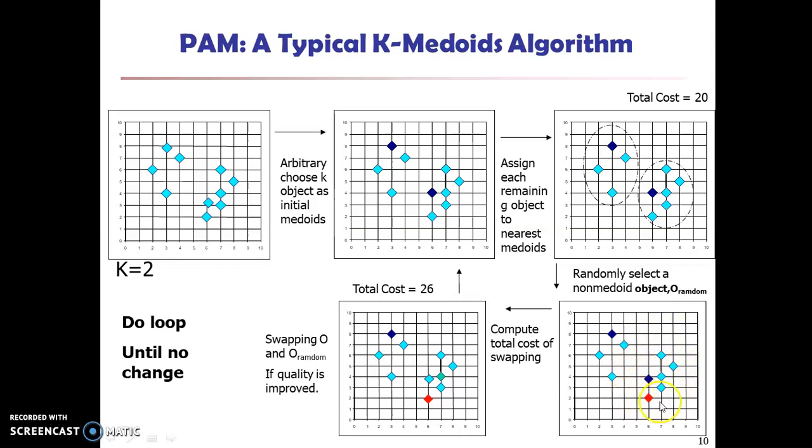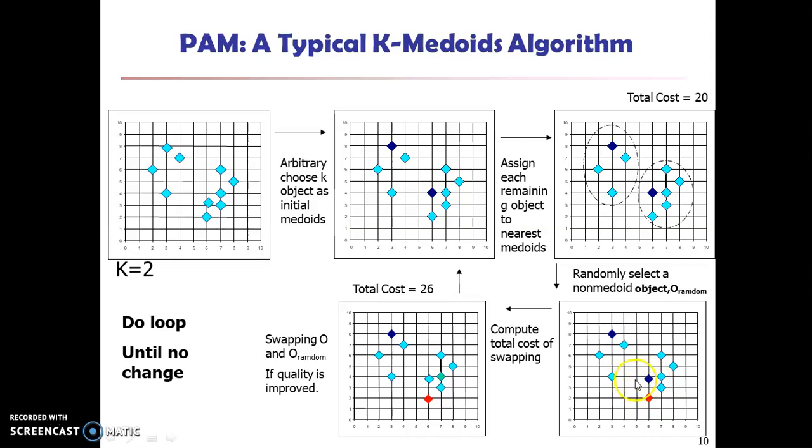Then you have to create the clusters. So compute the total cost of the swapping. If you are doing it like this, you have to check the cost of the swapping. Initially this was the medoid. Now we are going to choose this one, in red color, as a medoid, so it is going to be swapped.